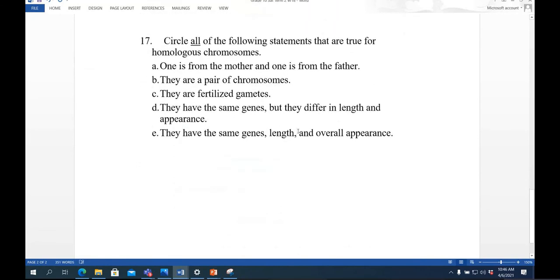Layan, could you answer this question? A, B, and E. Perfect. One is from the mother and one is from the father. They are a pair of chromosomes and they have the same genes, length, and overall appearance.